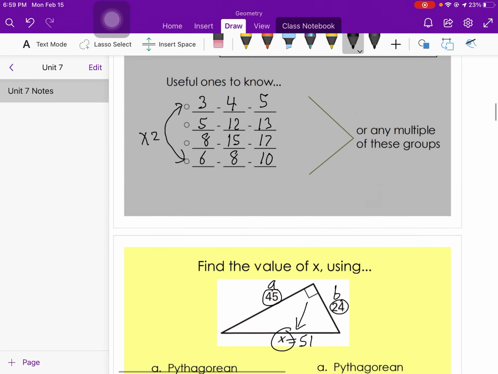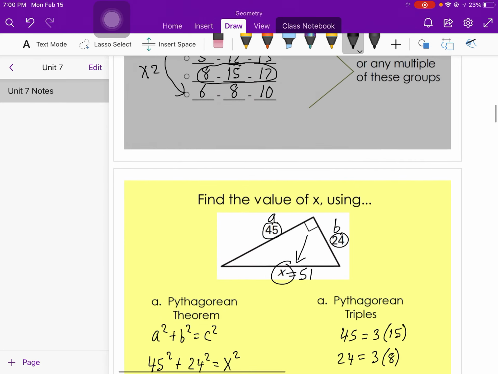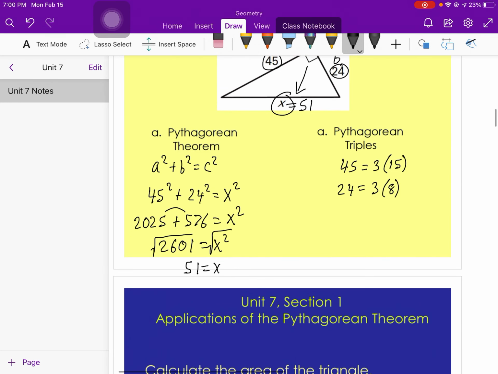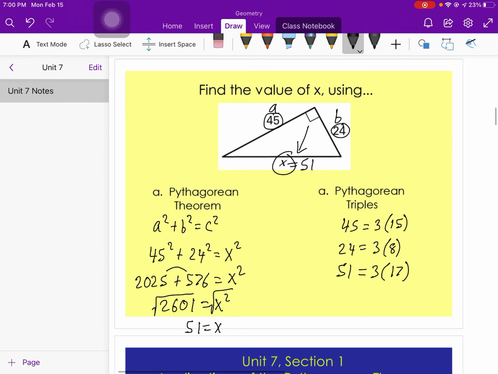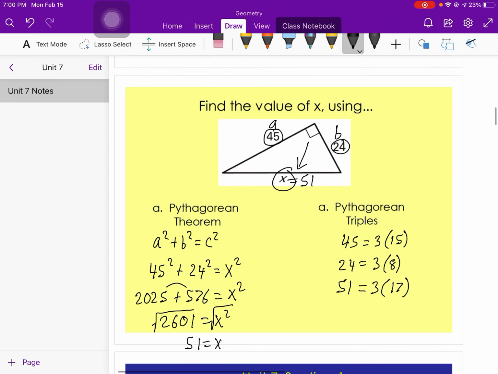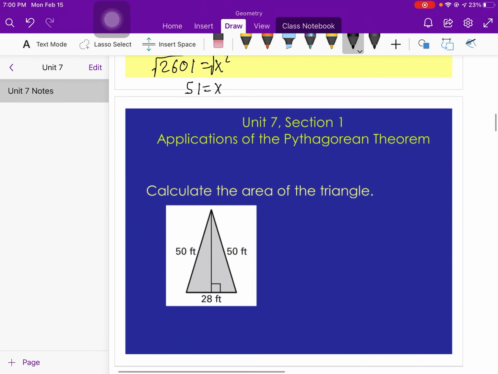And 8 and 15 are part of that Pythagorean triple, this one right here. So we know that the last one would also have to be a multiple of 3 times the last number, which is 17, and 3 times 17 does give us 51. So if you recognize that it's a Pythagorean triple, you can go ahead and identify that and fill in those pieces, but it's not something that works every time. We're going to get a lot of decimals, a lot of radicals, but it's nice to know too.